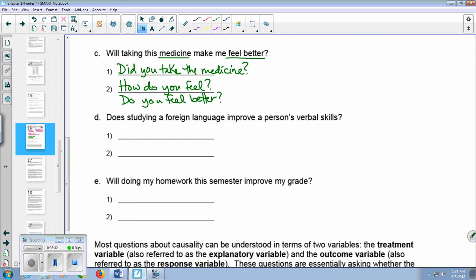Next one, does studying a foreign language improve a person's verbal skills? All right, so one question asked the observational unit, did you study a foreign language? And I'm going to abbreviate that with FL for foreign language. And then, did your verbal skills improve?